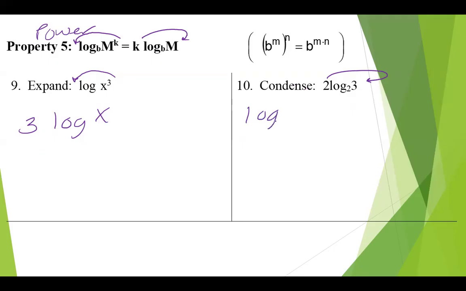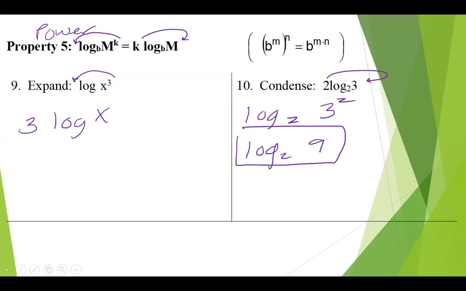So we get log base 2 of 3 squared. And what is 3 squared? 9. So log base 2 of 9 would be the simplified form.